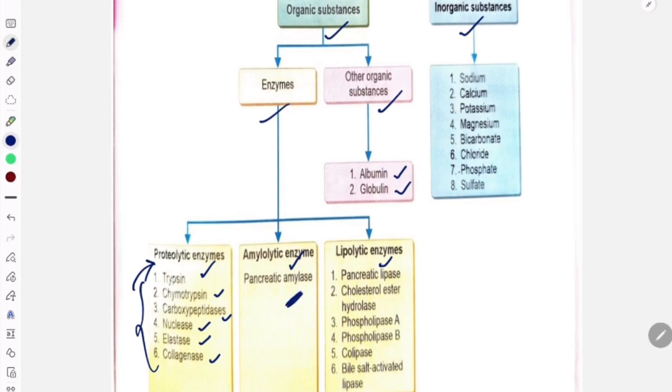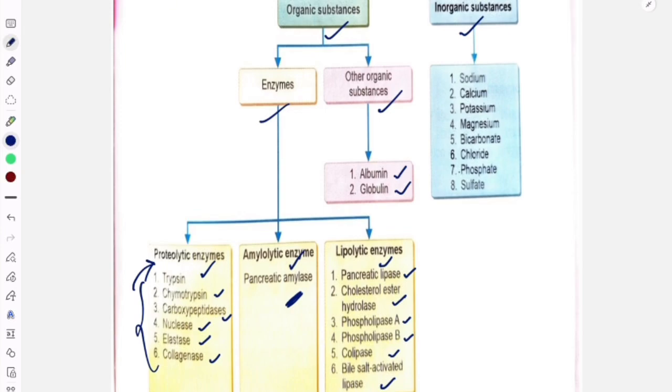Coming to the lipolytic enzymes, the name itself suggests that they act on lipids. What are those? Pancreatic lipase, cholesterol ester hydrolase, phospholipase A, phospholipase B, colipase, and bile activated lipase. So the majority of enzymes act on proteins and lipids, so we can say that the pancreatic juice mainly acts on proteins and lipids.